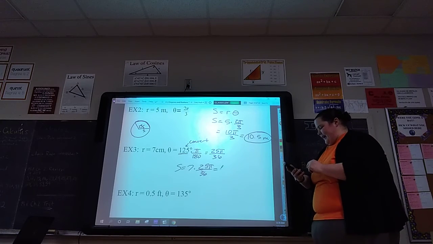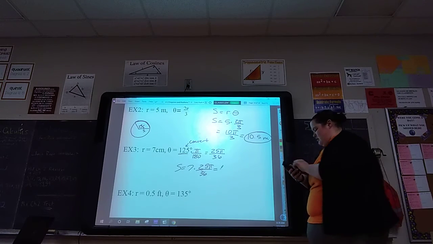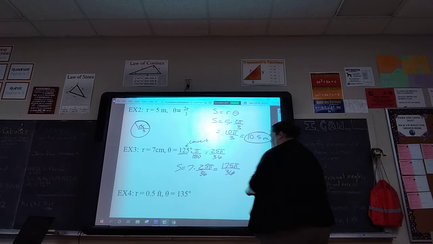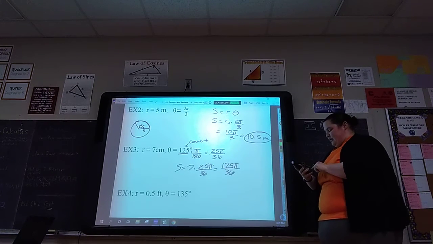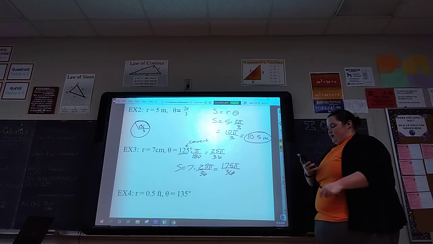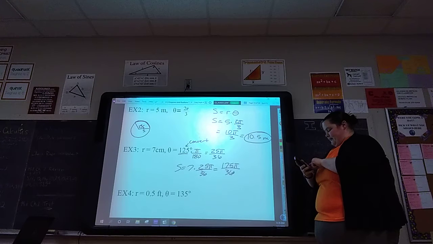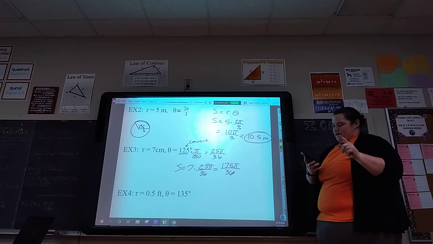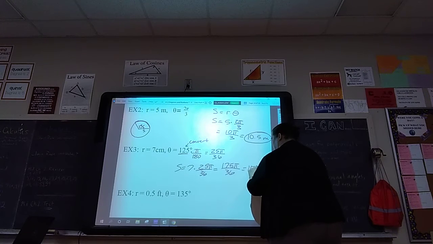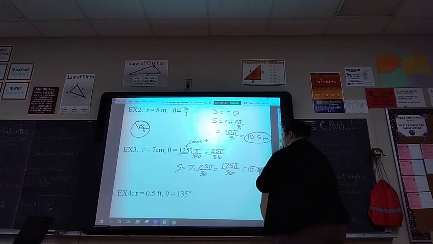So I just need to multiply that out. So I have 175 pi over 36, so again I round: 175 times pi is 549.778, divide that by 36, so I get 15.271, I'm going to do 15.3, and now what's my label? 7 meters.